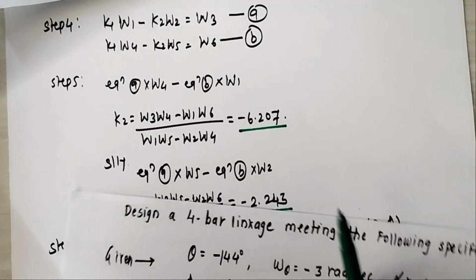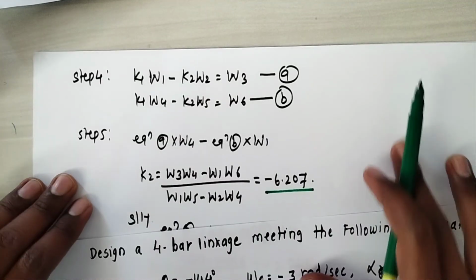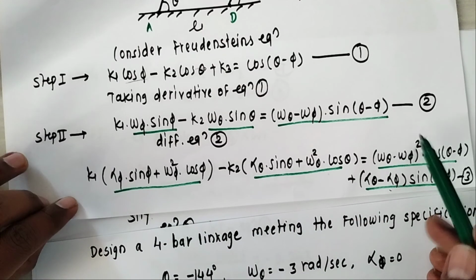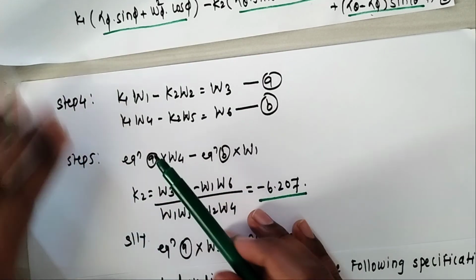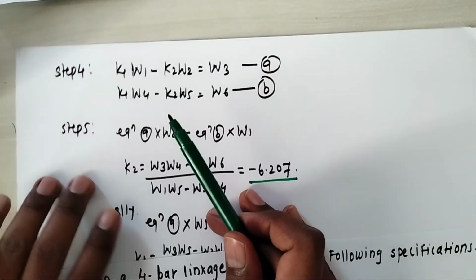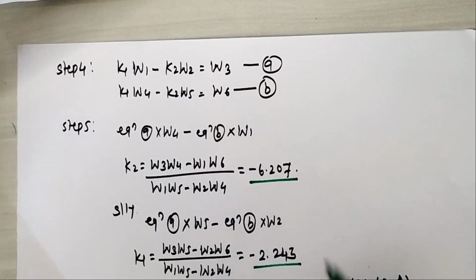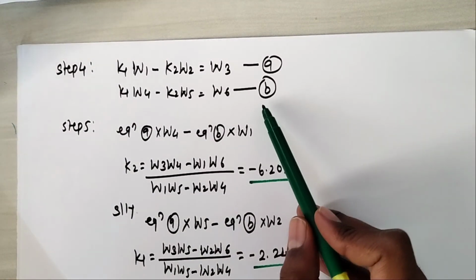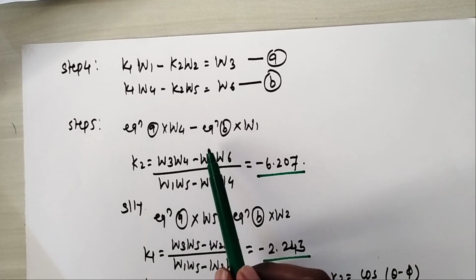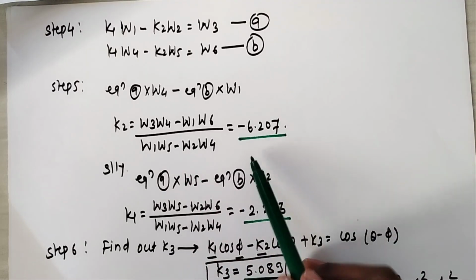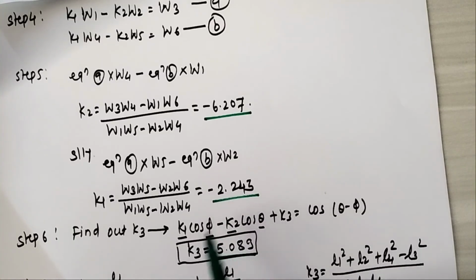In the third step you have to write W1 to W6 and find out their values. These are nothing but kinematic coefficients. Once you get the kinematic coefficients, we have equations 2 and 3 in this form. So it is K1W1 minus K2W2 is equal to W3, equation A, and similarly equation B. Solve these equations to obtain K2 and K1. Next, to obtain K3, use Freudenstein's equation for a given position.